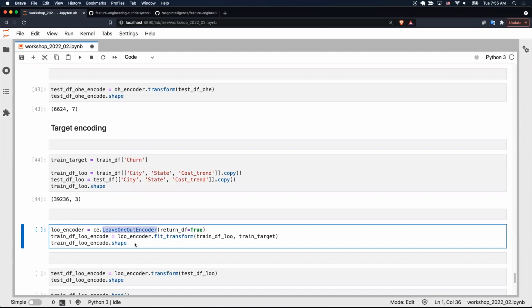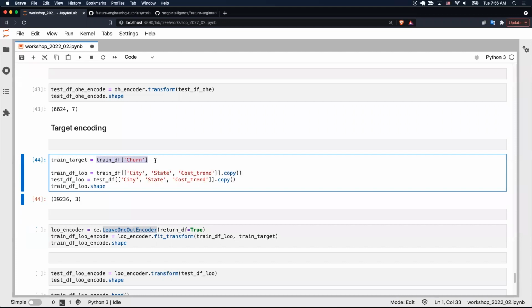What leave one out encoder is going to do is it's going to look at, okay, for this transaction, I have a given value of city. What I'm going to say is, okay, take all the transactions in the training data set where that city is the same as this current city, ignoring this transaction, leaving this transaction out, and take the average of the target variable, in this case, whether or not it churned.